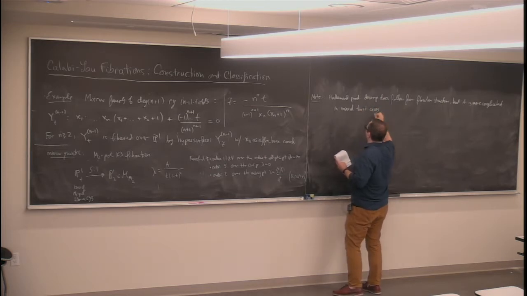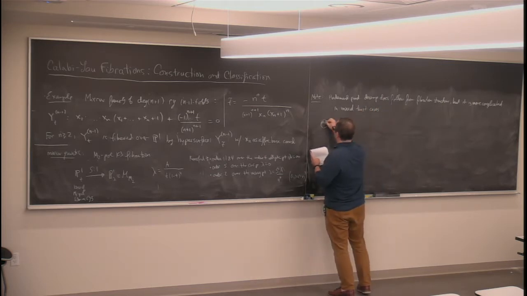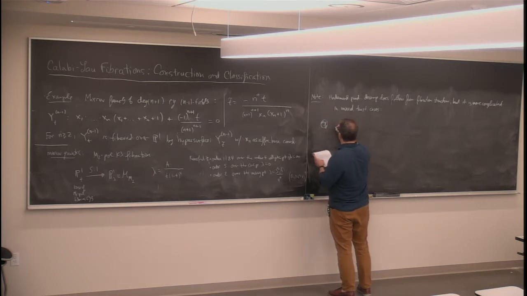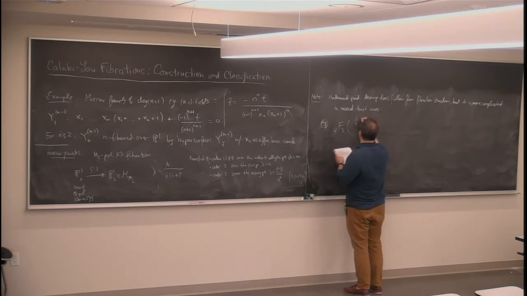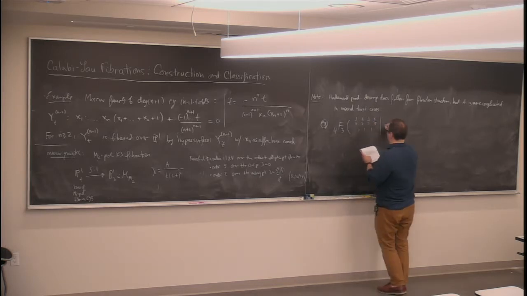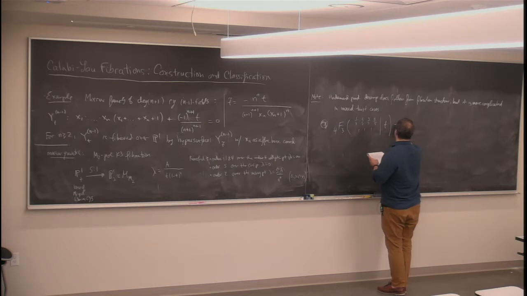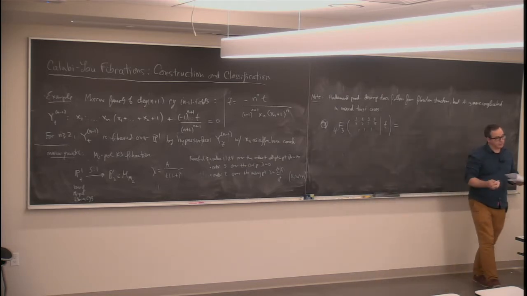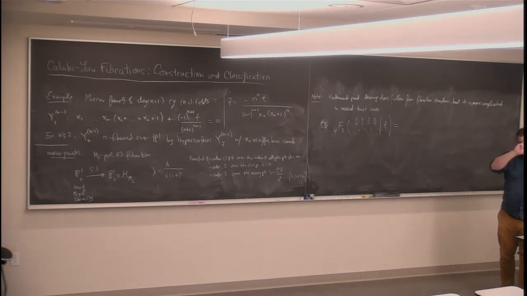Okay, so for example, and now I'm going to do the quintic mirror again. So this is 4F3, and I'll write it on top. 1/5, 2/5, 3/5, 4/5, 1, 1, 1, t bar. Okay, so that we all acknowledge is the holomorphic period around maximum unipotent monodromy for the mirror quintic.